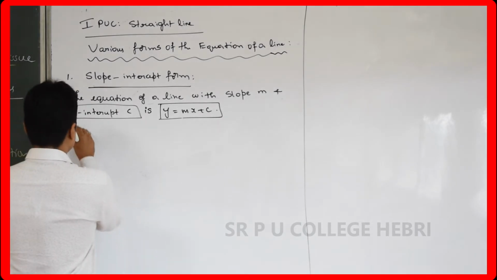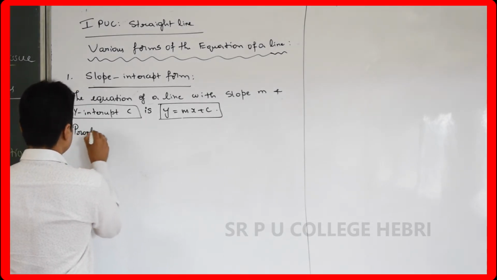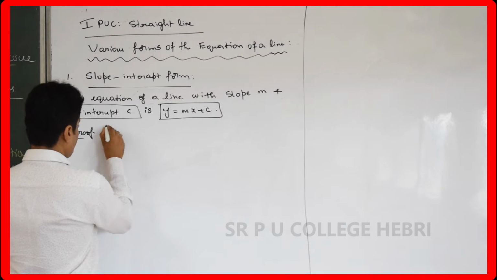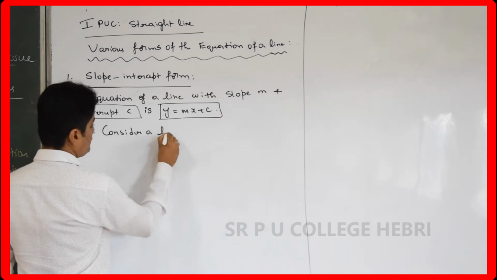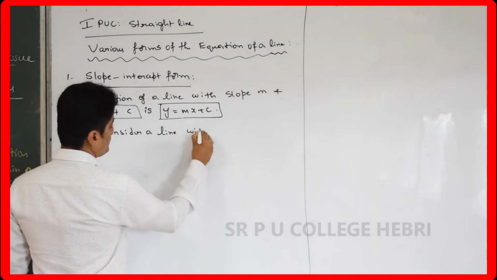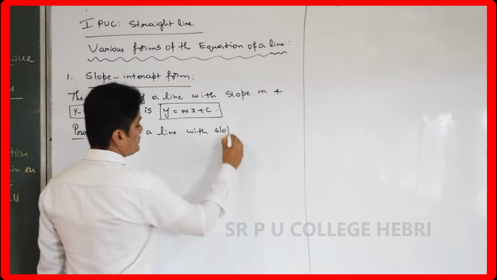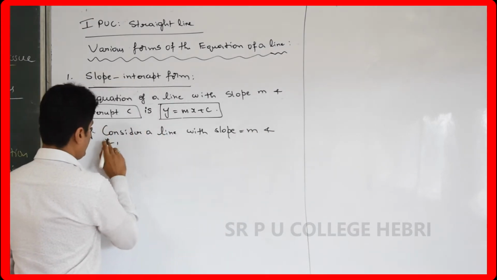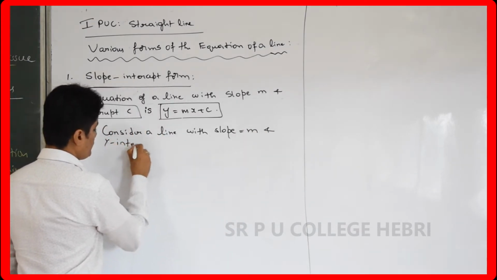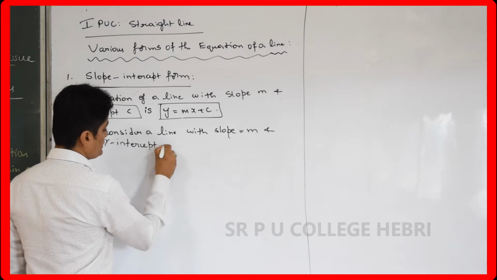Okay, so the solution, or proof, is like this. Consider a line with slope m and y-intercept c.